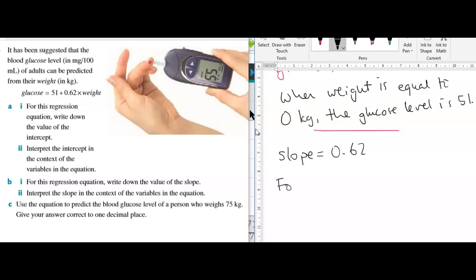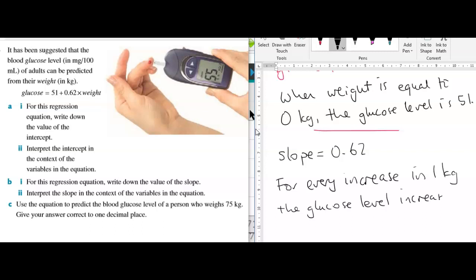So for every increase in 1, and this time our units are kilograms, so 1 kilo, the glucose level, since the slope is positive so it's increasing, increases by 0.62, and you can write the units down in milligrams per 100 mils.